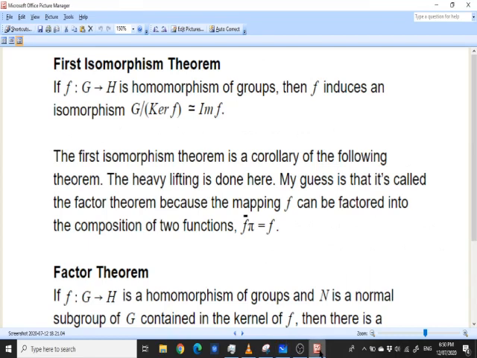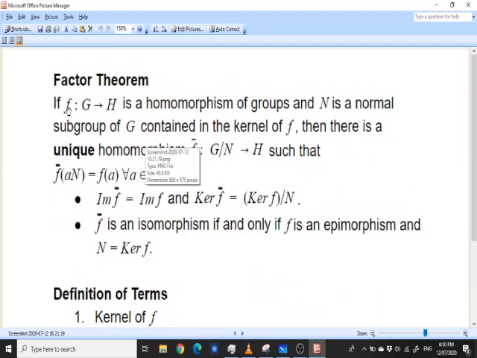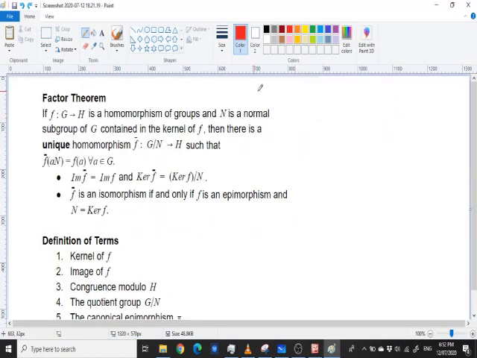I always forget that you have to show that f bar is unique. So if f from G to H is a homomorphism of groups, and N is a normal subgroup of G contained in the kernel of f, so N is normal in G and N is also contained in the kernel of f.